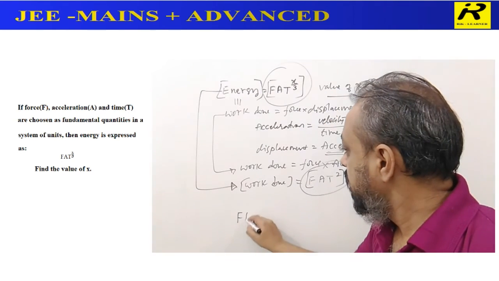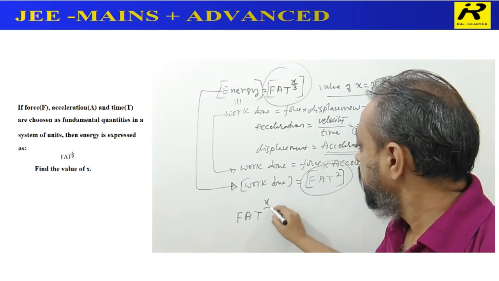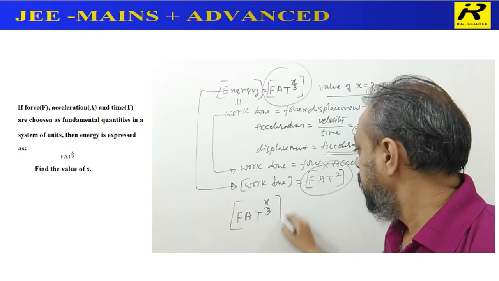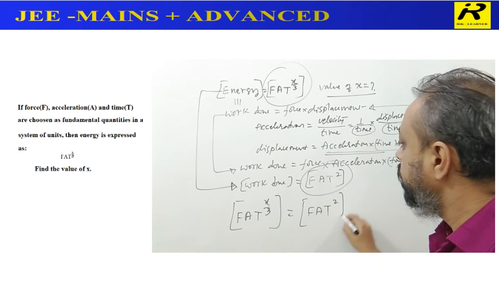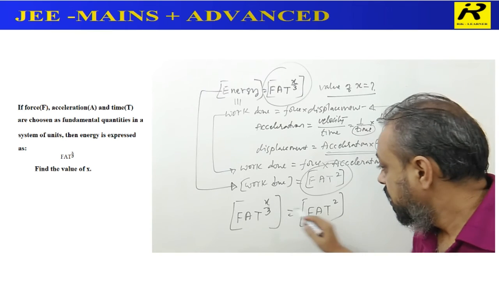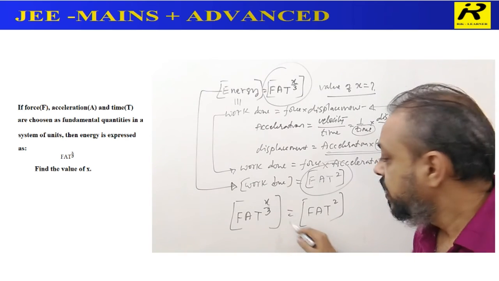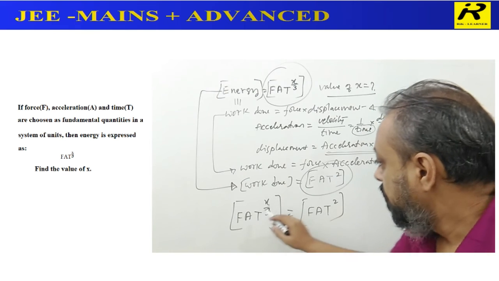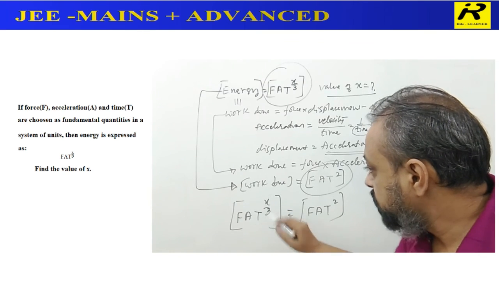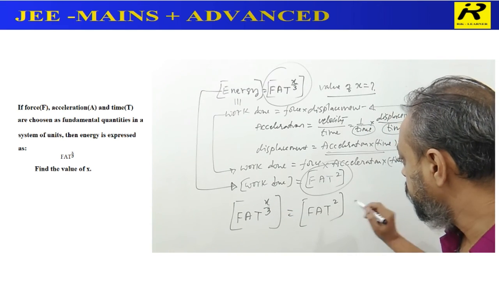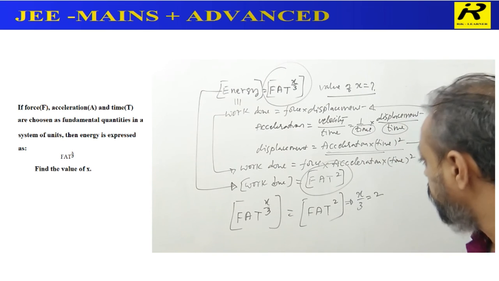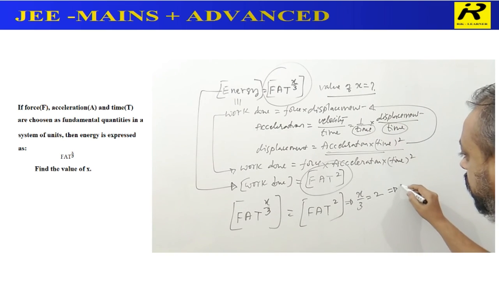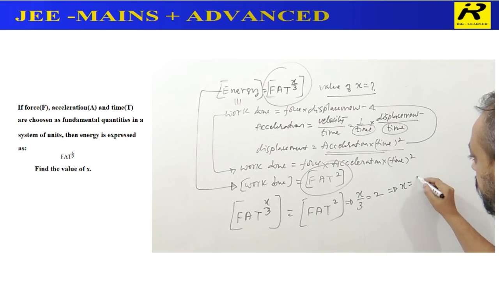So F A T raised to x by 3 here, and on this side we are having F A T squared, right? So F is as it is F, A again as it is, but T here is having power x by 3 and here it is having only 2. That means x by 3 is definitely equal to 2, and when you make the cross multiplication, this becomes 6, right?